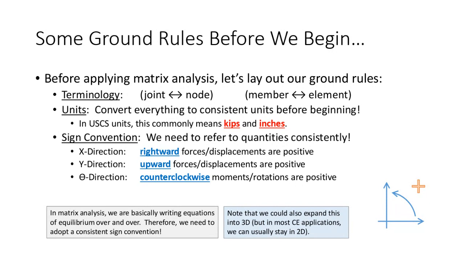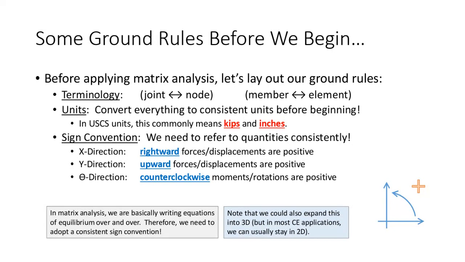The one thing that can change, and we've noticed this with RISA, is when it spits out your final output, whether it considers tension positive or compression positive. That can change, but in the end, we do need to pick one coordinate system and stick with it. It doesn't really change the overall process, but for the details we're going to encounter throughout the analysis, if we don't pick something and stick with it, it'll get messy.